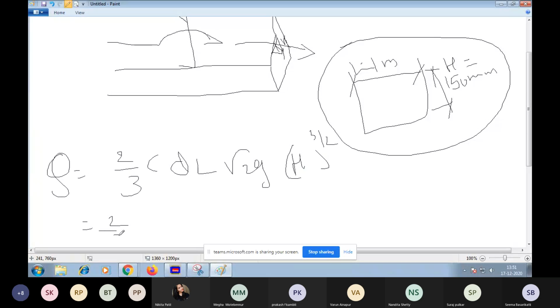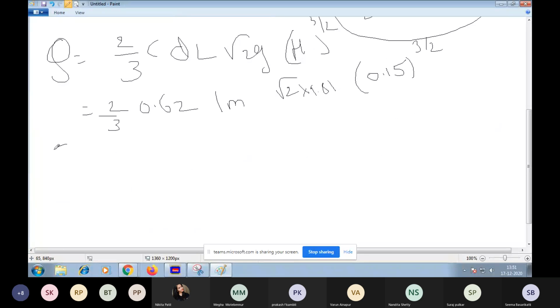CD is 0.62, length is 1 meter, square root of 2 into 9.81, and H is in millimeters, so convert it into meters, 0.15 meter. Take H as 0.15 raised to 3 by 2. Calculate and tell me the value of Q in meter cube per second.